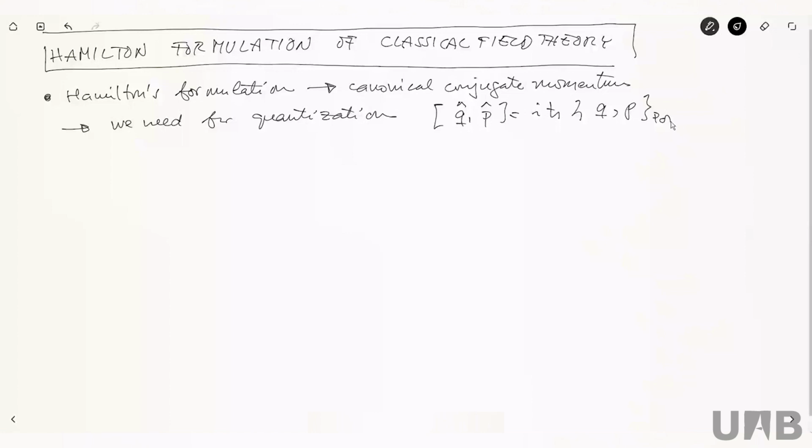So we need this canonically conjugate momentum P, and that goes through Hamilton's formulation. So we have to have some Hamilton's formulation. Therefore, it's necessary to quantize, at least in this standard way, with the commutator, with this rule.